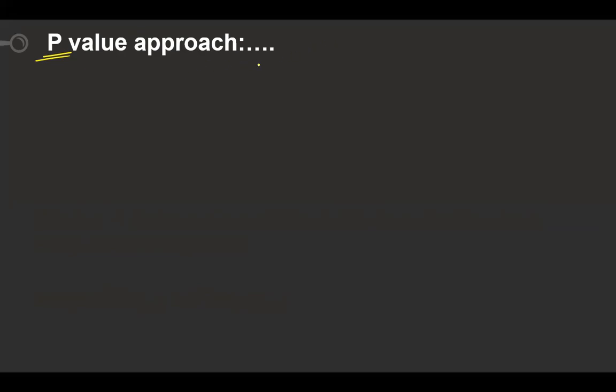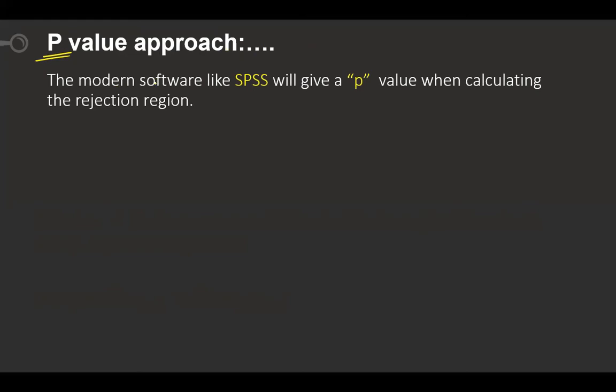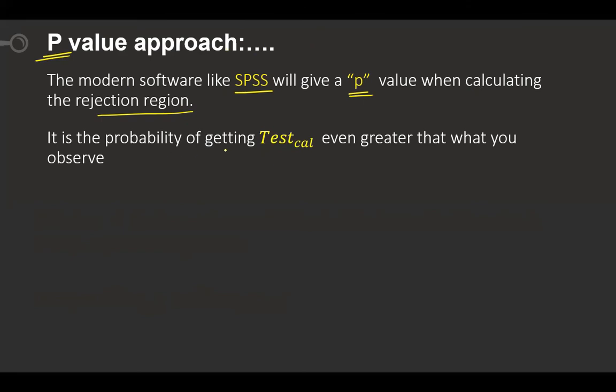So whenever a p-value is given, we are going to see how to reject and accept the null hypothesis. Modern software like SPSS, I have taken only one example here, will give a p-value when calculating the rejection region. It is the probability of getting a test calculated value even greater than what you are observing.